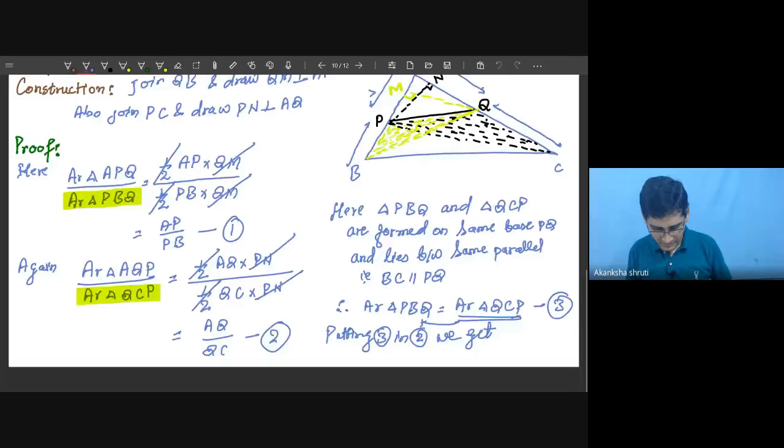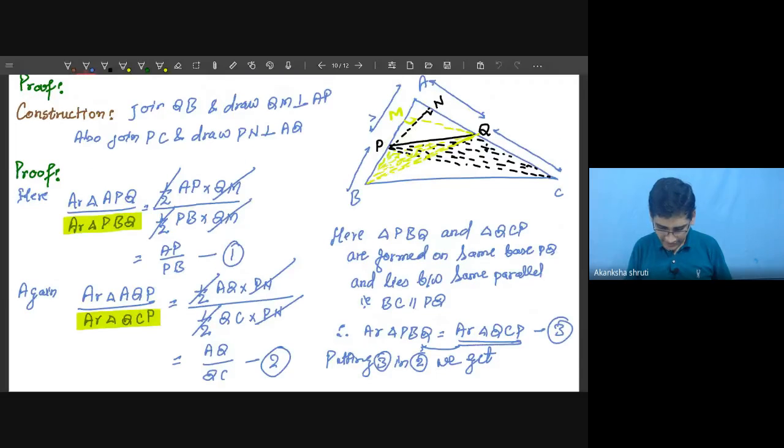So therefore, we can write our second one, area of triangle AQP by area of triangle QCP.